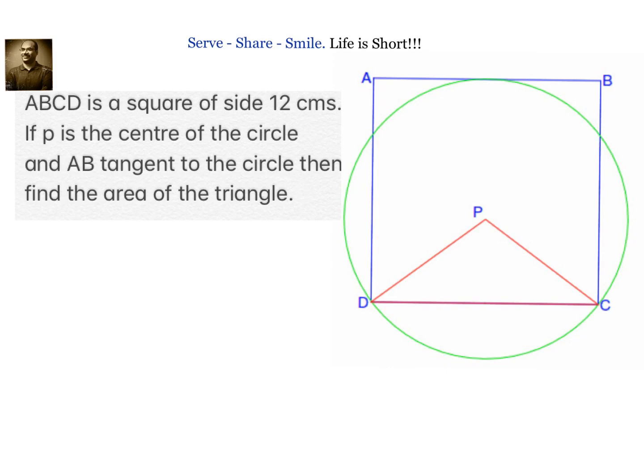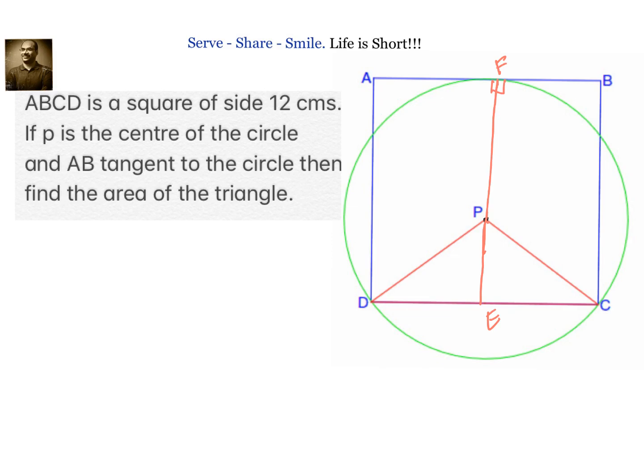The first point we have to understand is that whenever we have been given that P is the center of the circle, we know that PD equals PC. Let us join it here. This is another point, let us say F, and let us join it to the other side.